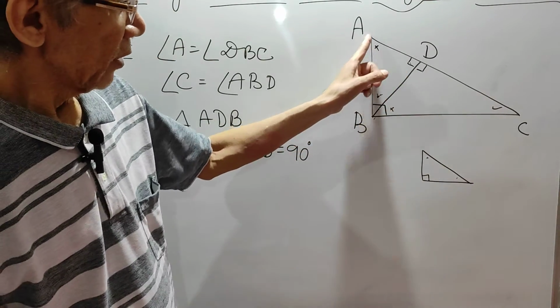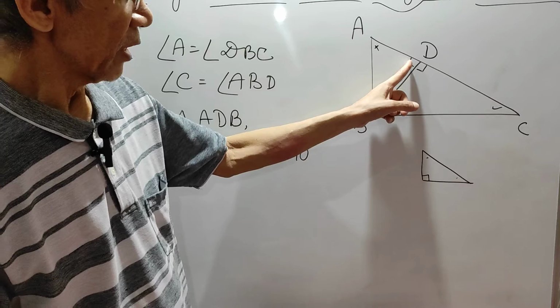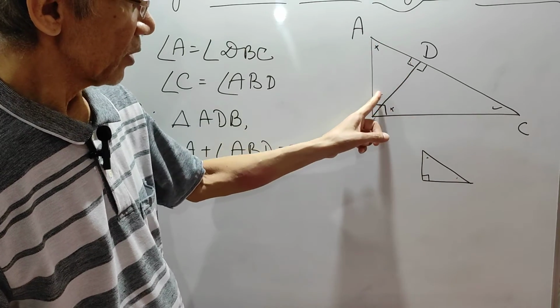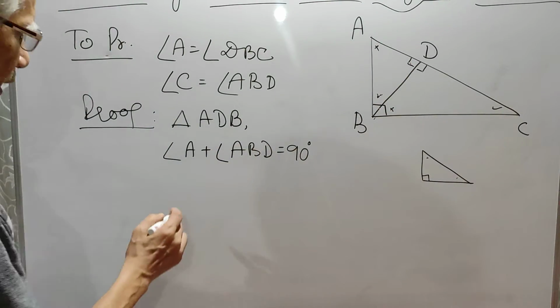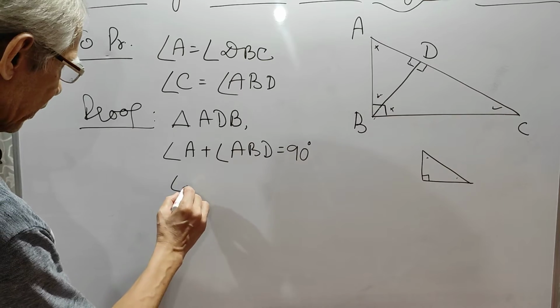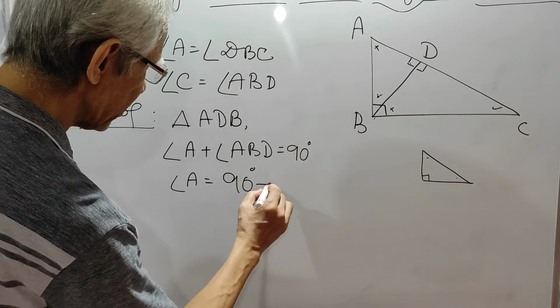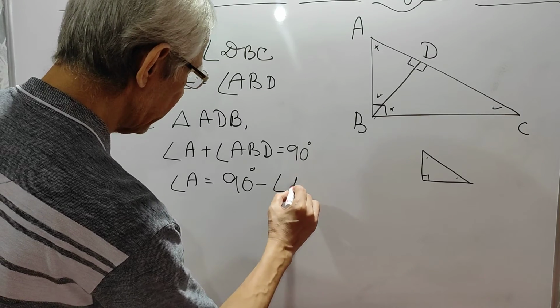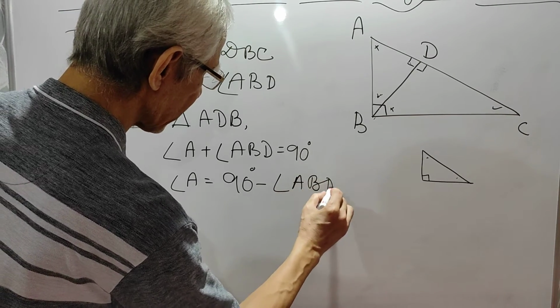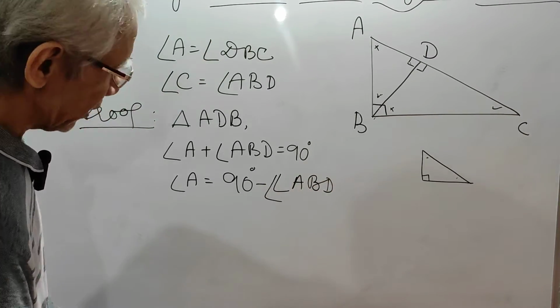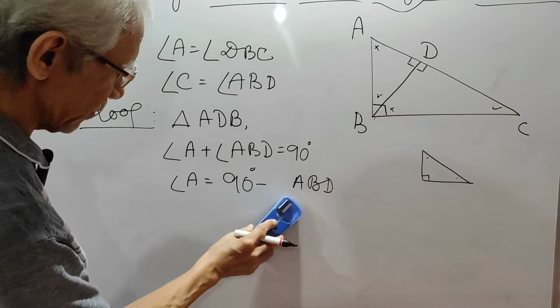Therefore, angle A is 90 degrees minus ABD.